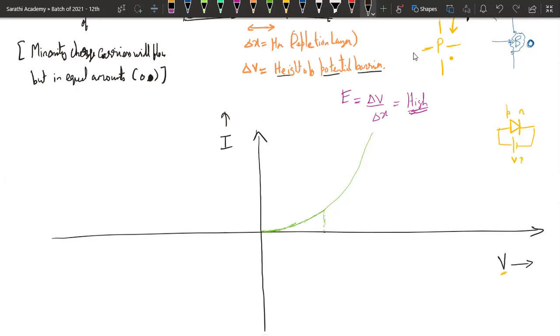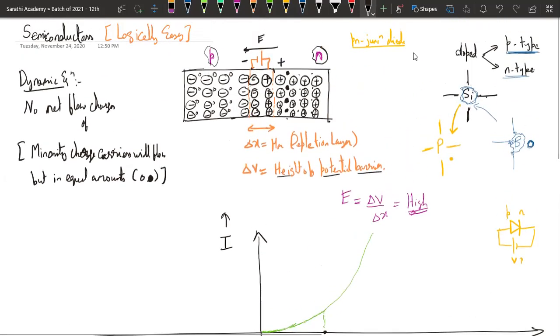And what happens at a particular value of voltage? So basically क्या होता है जब आप P type को positive terminal connect करेंगे, slowly this barrier decreases in size. जो हमारा potential barrier है, this size decrease होता है because the external voltage is opposing this potential barrier.